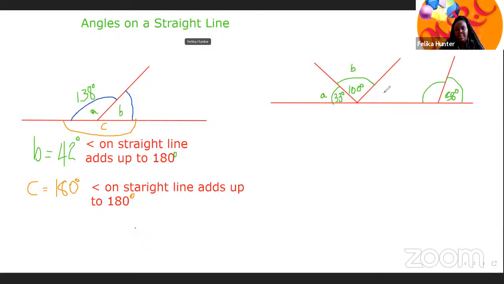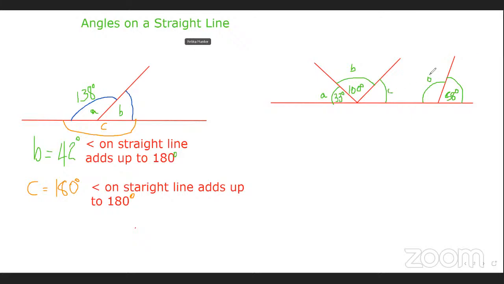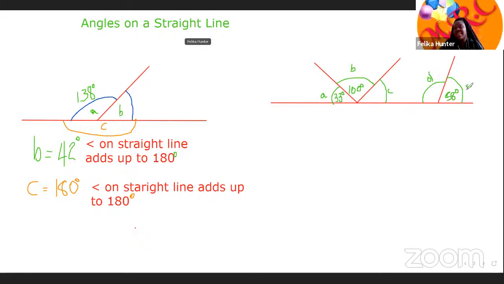A, B, this is C, D, and this is E. Good. Now I want you to tell me the value of angle A, B, C, D, E. Some of the values are there already, but where the values aren't, I want you to tell me what they are.